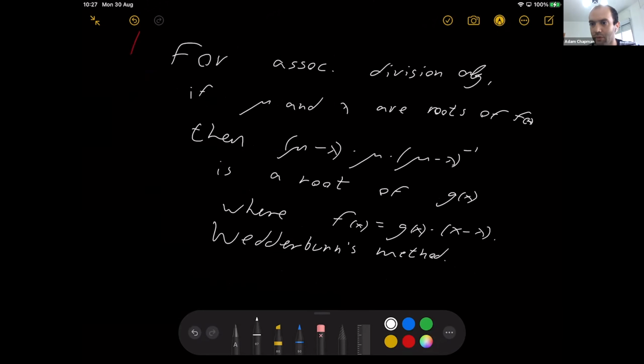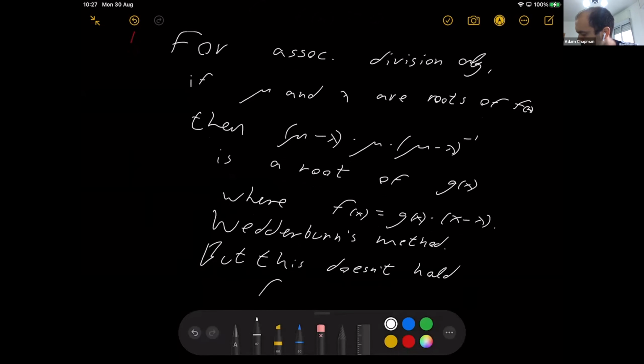But it doesn't hold for Octonions. I can give counterexamples. So it doesn't hold for Octonions. It's really a shame, but that's the situation.